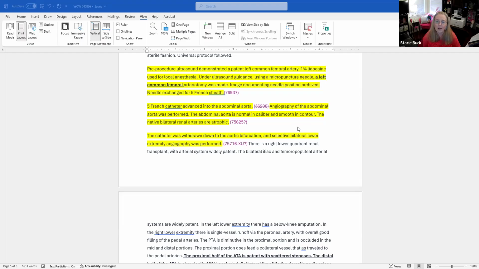Then from that left common femoral artery access, the catheter gets advanced into the abdominal aorta, and here the physician performs angiography of the abdominal aorta. Now notice the findings that are given. It says the abdominal aorta is normal in caliber and smooth in contour, and it also mentions the native bilateral renal arteries.